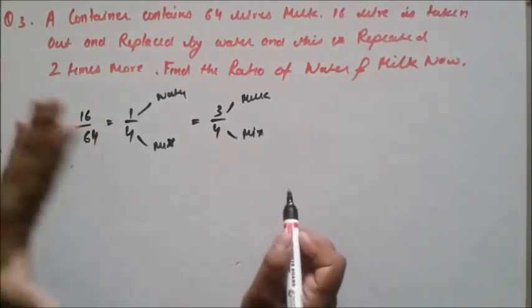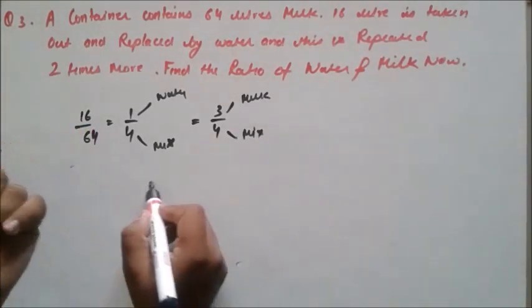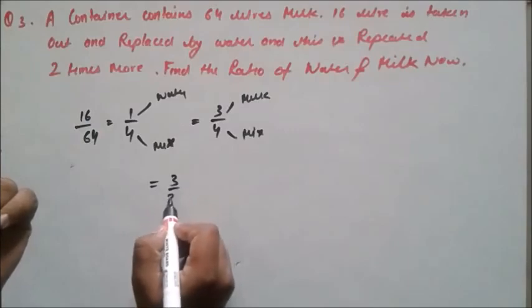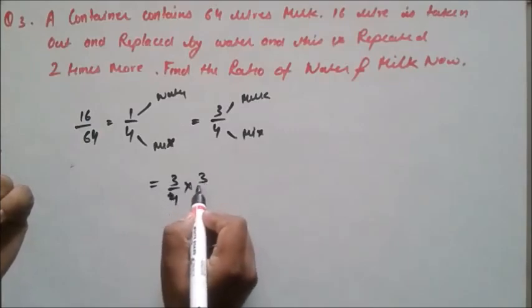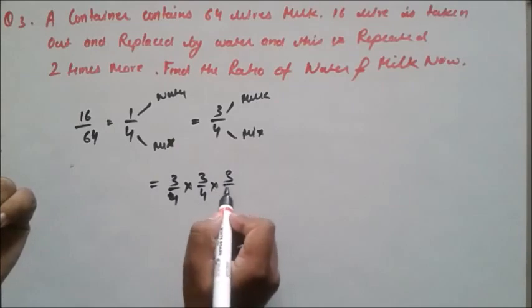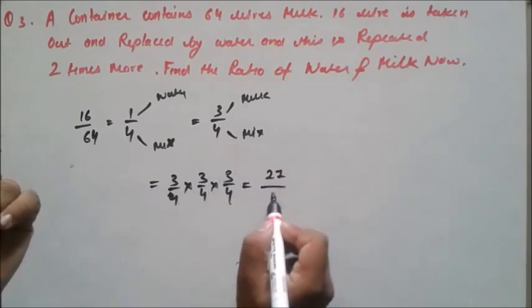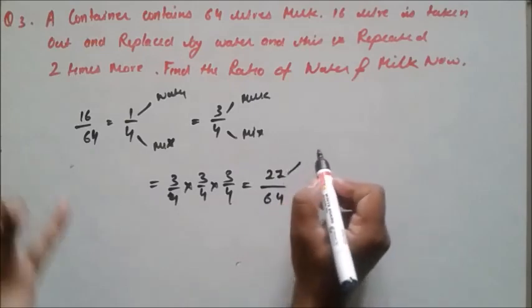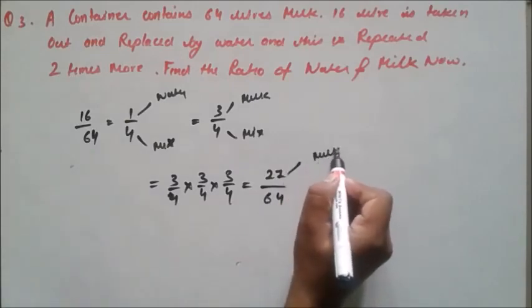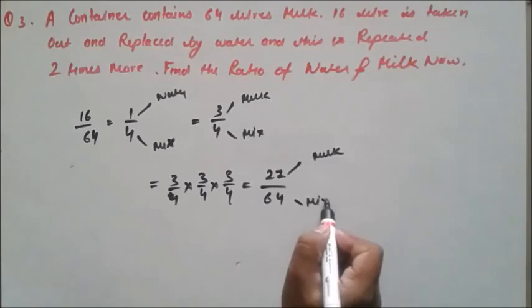The process is repeated 2 more times, so the ratio would become 3 by 4 into 3 by 4 into 3 by 4. 3 threes are 9, 3 nines are 27, so 27 by 64. It is the ratio of milk by mixture after 3 operations.